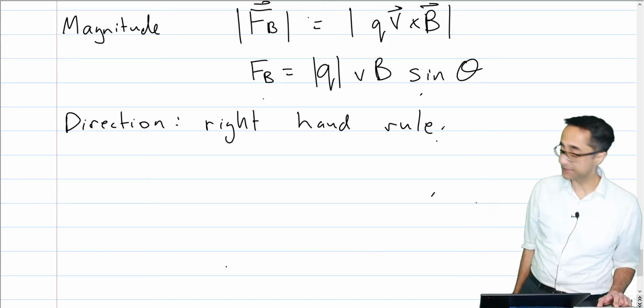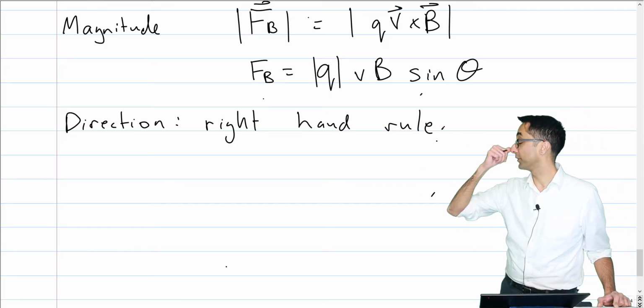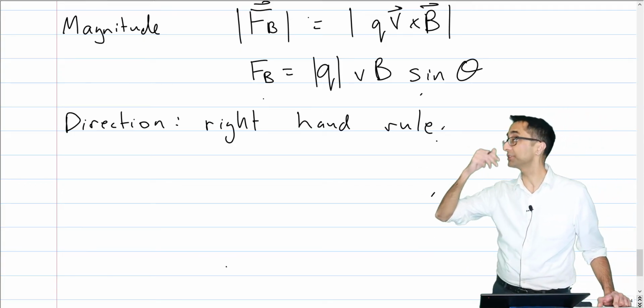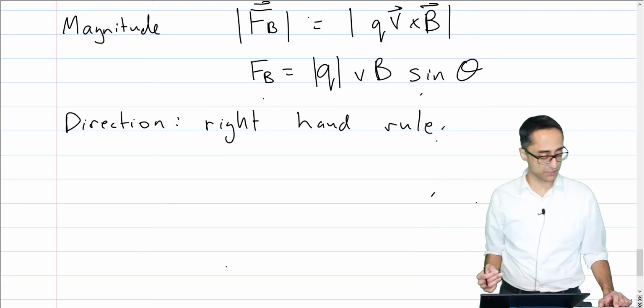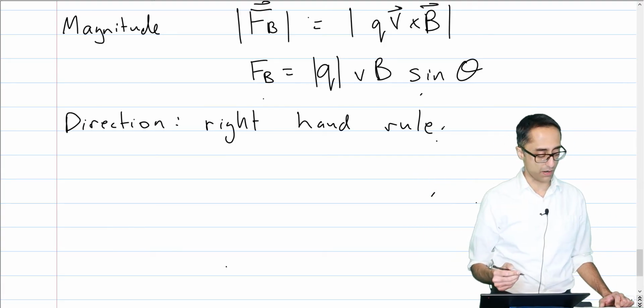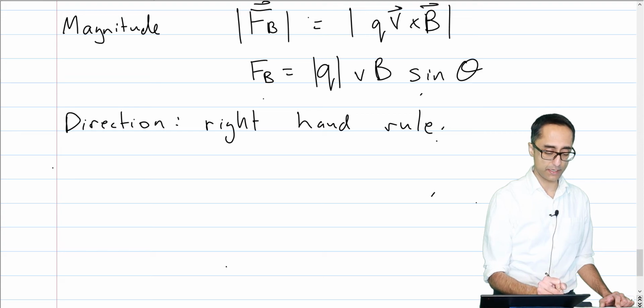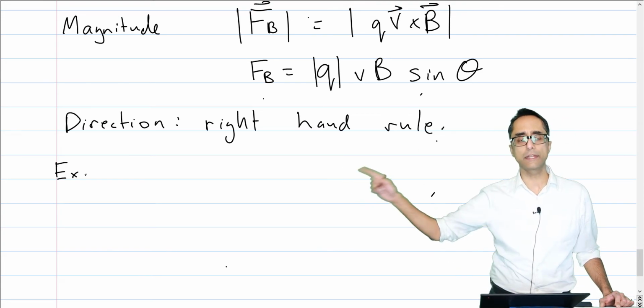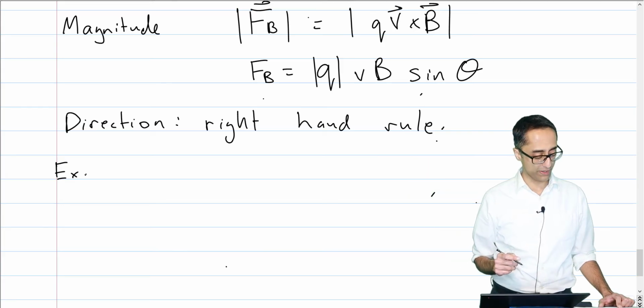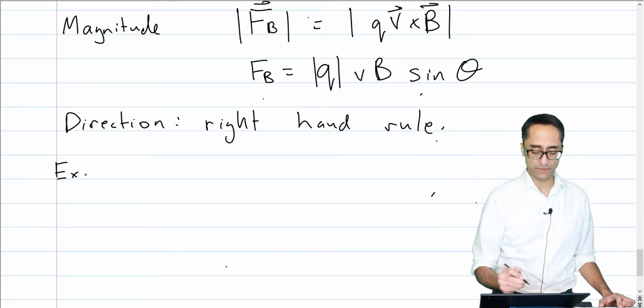Let's practice the right-hand rule for this type of situation, just so I can understand the direction of the force. I'm really curious to see which way the forces are acting. So let's try a couple of examples, but we're just going to really focus on direction for now. Later on, we'll do a problem with values in it.